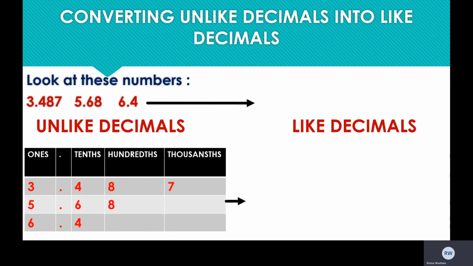First, I will find the number having the greatest number of decimal places. Here, this number has the greatest number of decimal places, that is 3. So, I need 3 decimal places in each number. How can I do that?